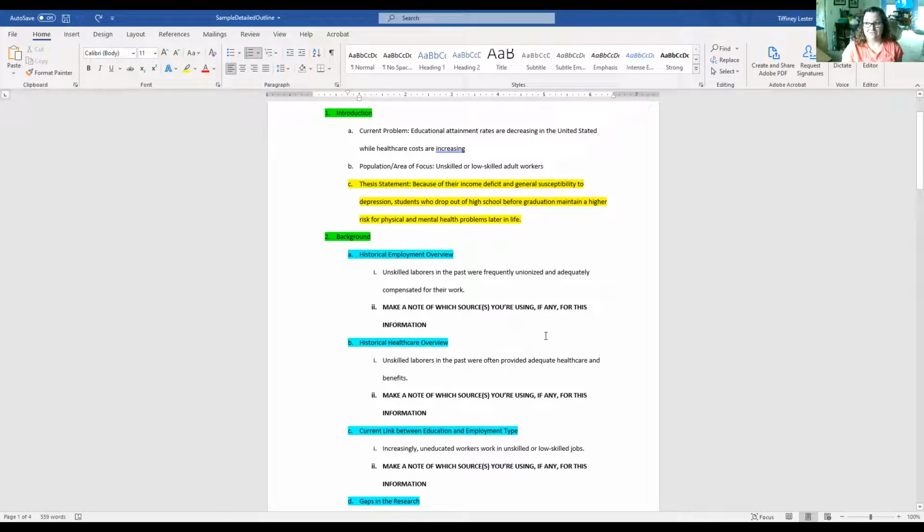And again, now you just have to fill it in. So either way, use the outline, one or the other, scratch or detailed.